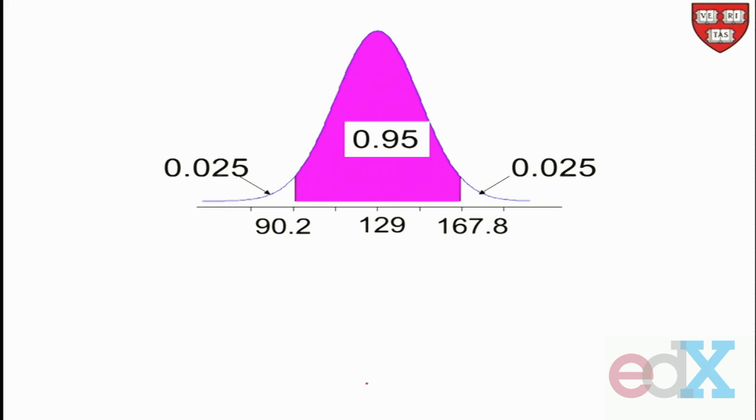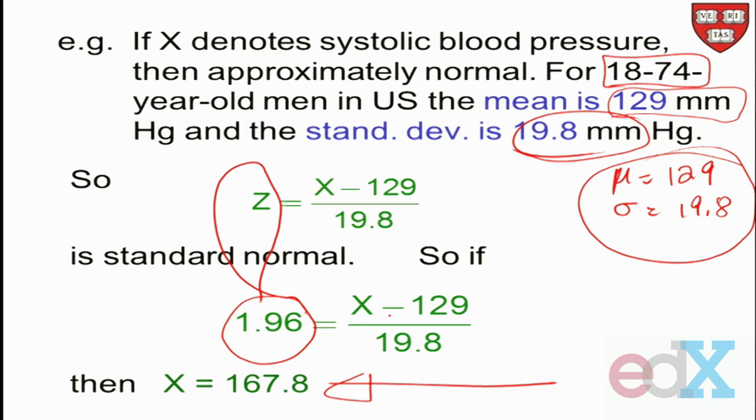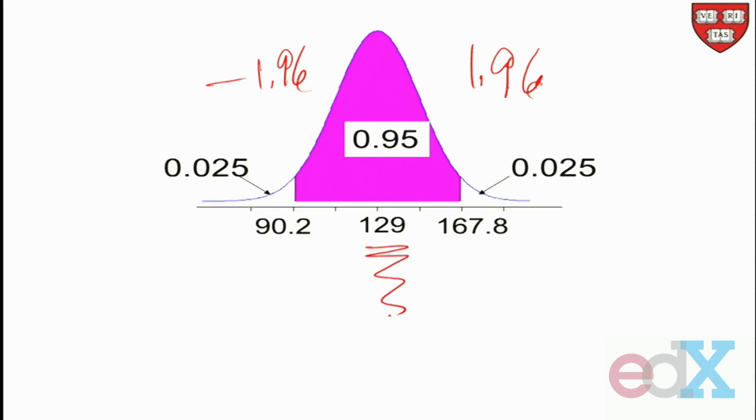Okay, so there it is. With our standard normal, remember, these were at minus 1.96 and 1.96, so between minus 1.96 and 1.96 is where we get 95% of the area. With our normal, with mean 129 and standard deviation 19.8, these are the upper and lower 95% cutoffs.